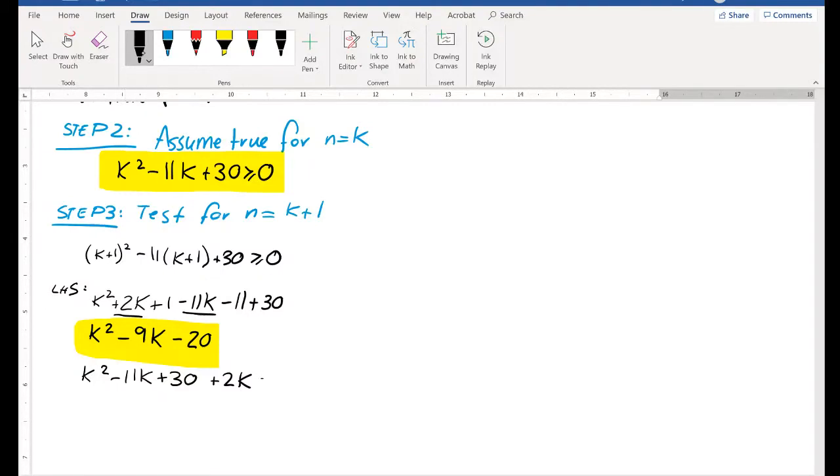So I need to subtract 10. I need to get to negative 20, and I'm at 30. So I'm not going to subtract 10. I'm going to need to subtract 40.